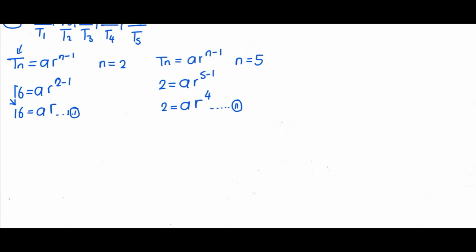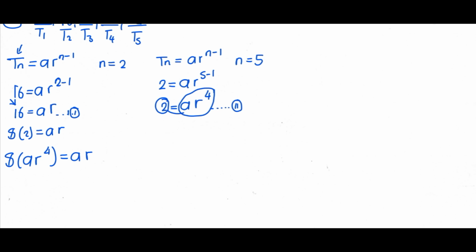So 16 is the same as 8 times 2, which is equal to A R. Where there is 2 in this one, we are going to substitute with this. So we'll say 8 open brackets A R raised to the power 4, is equal to A R.